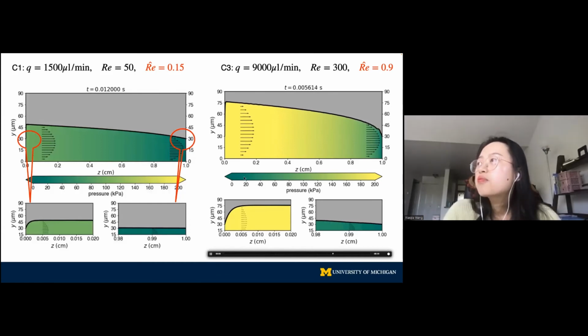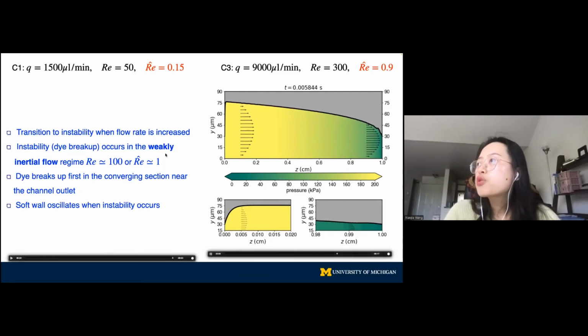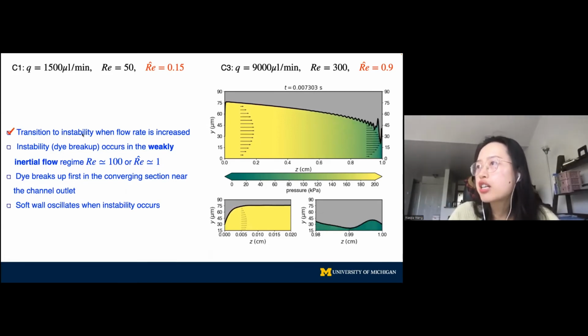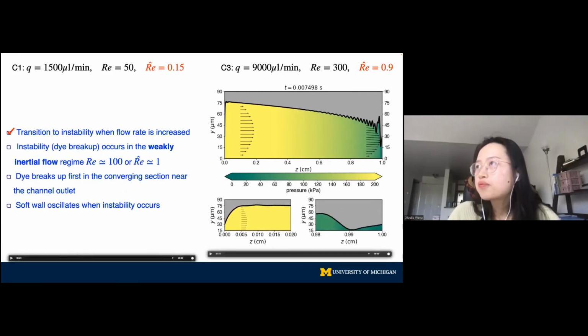Let's recall some key features we observed in the experiment. First, in our 1D FSI model, we also see a transition from stability to instability when the flow rate is increased. Secondly, the system doesn't reach the steady state when the reduced Reynolds number is of order 1, that is to say, the flow is in the weakly inertial flow regime.